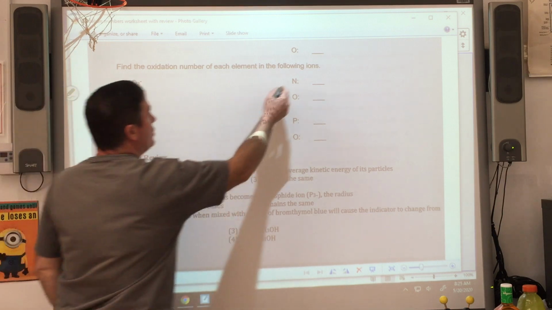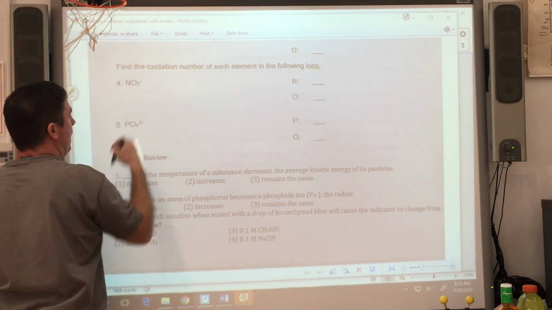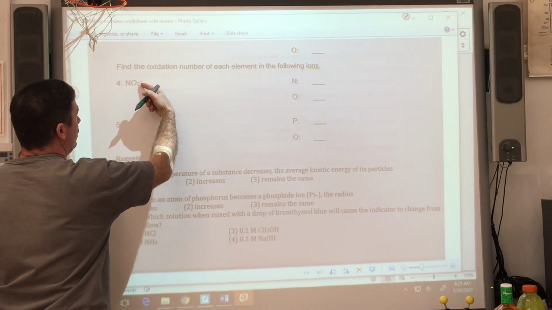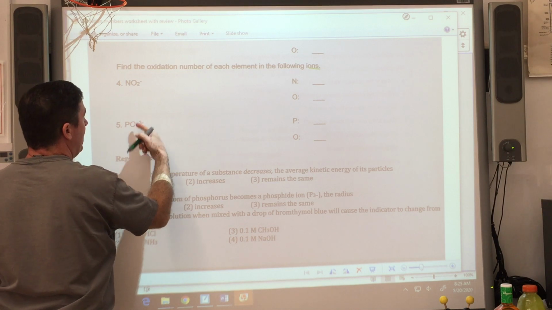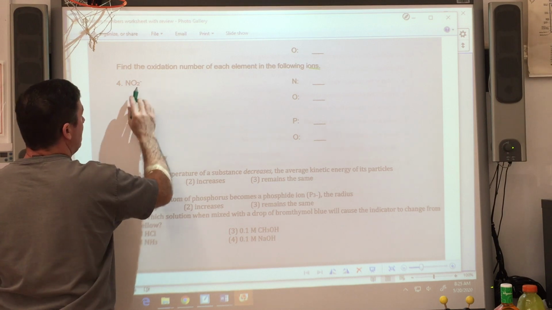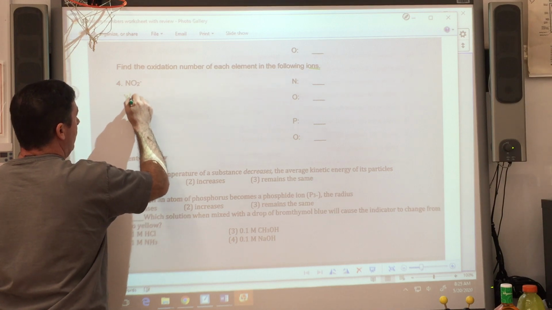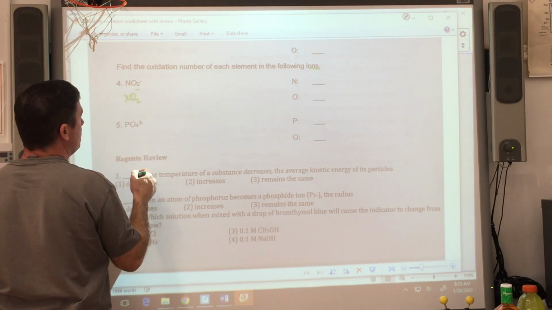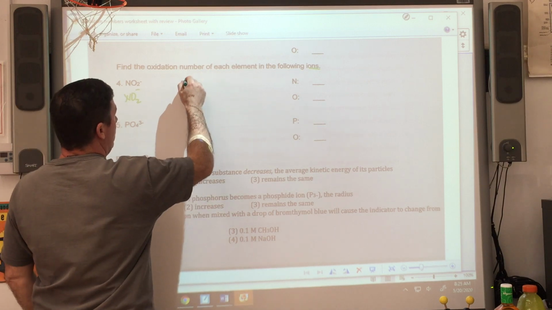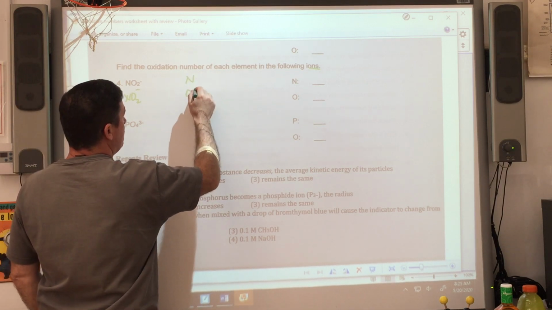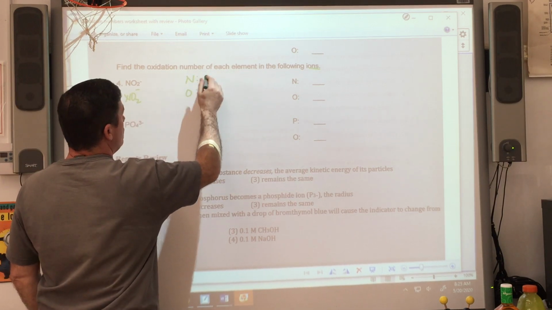Okay, for each ion. These are polyatomic ions. This is nitrite, that's phosphate. This is NO2 minus. Okay, so let's try that one. Nitrogen, oxygen. There's one nitrogen.